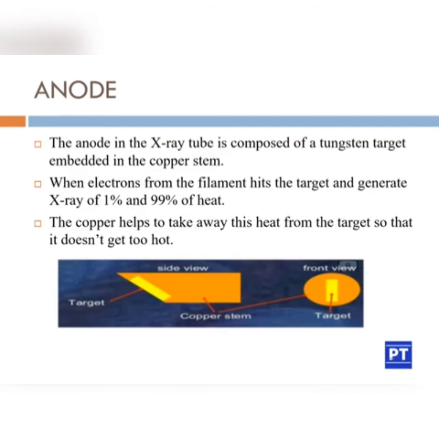In order to take away this heat, we embed the tungsten in a copper stem. The target should not get too hot, since if it receives too much heat, there is a chance of the target cracking.